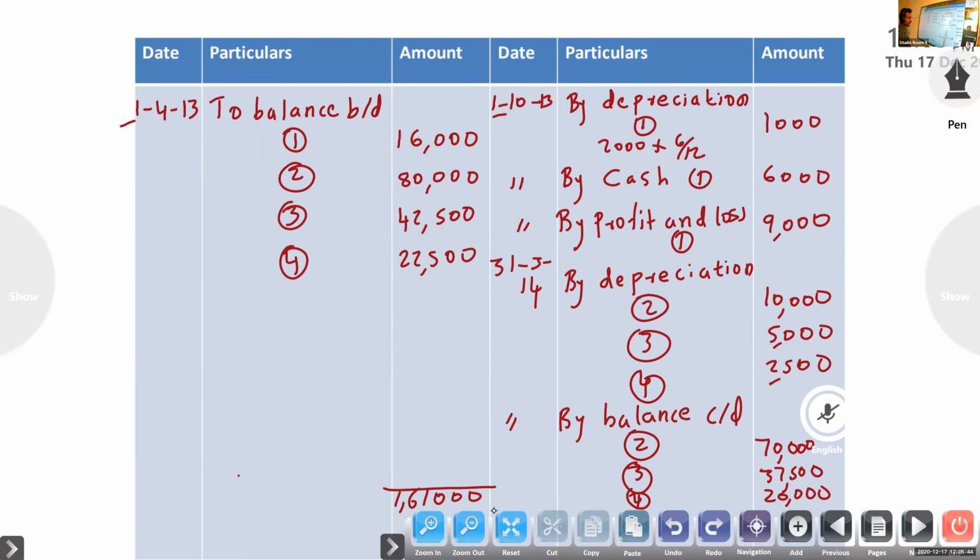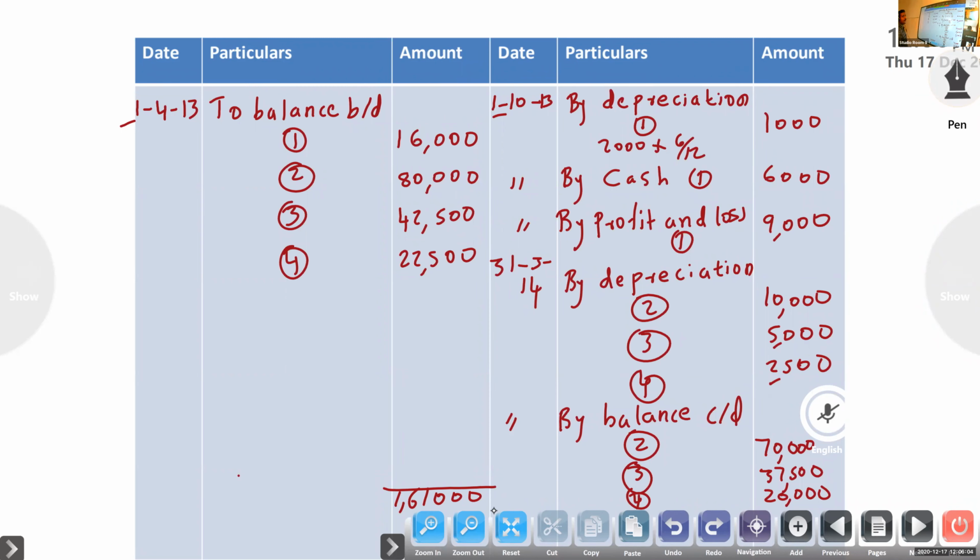So our fixed installment method is over. Then one more method only remaining: written down value method. Provision for depreciation is outside the syllabus, but we will do one problem.